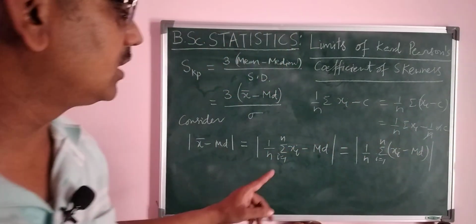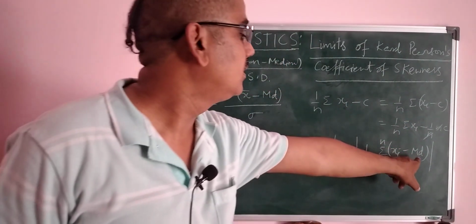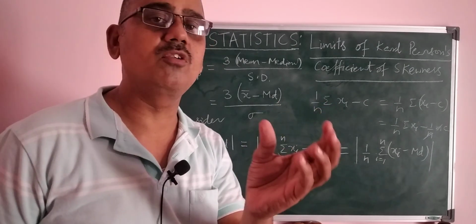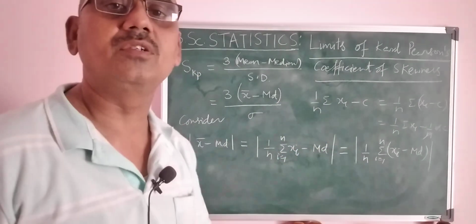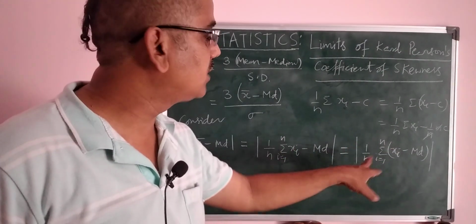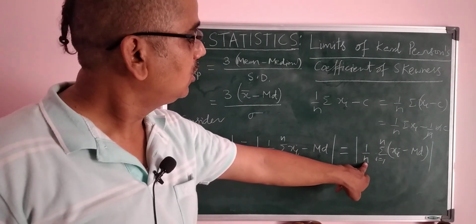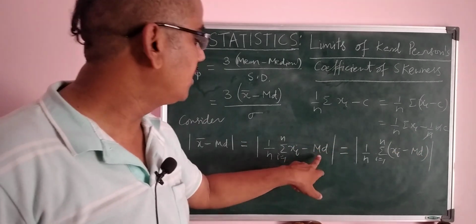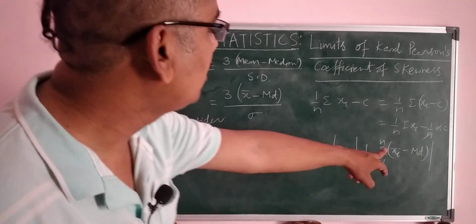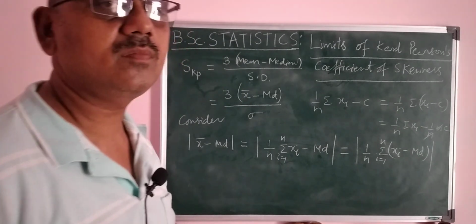That is the reason why I am taking the median inside. Median is a constant value, does not depend on the summation, therefore we can consider it inside, because you have 1 by n here, so n will get cancelled and again median will be here. So therefore I have considered it in this fashion.